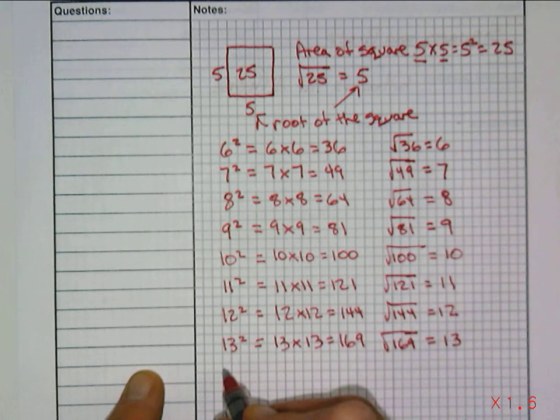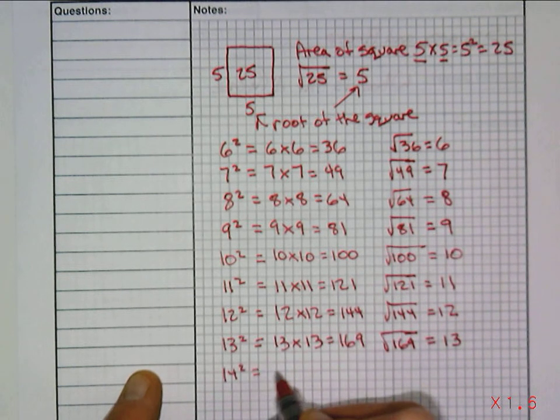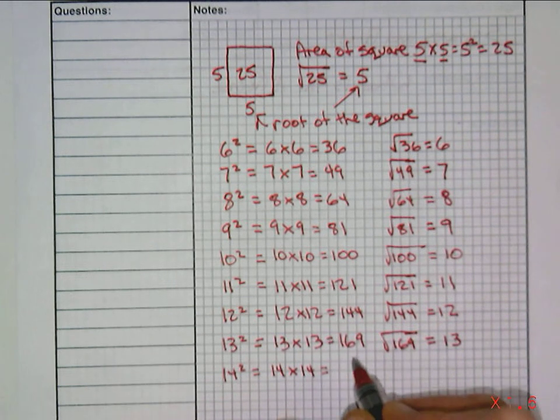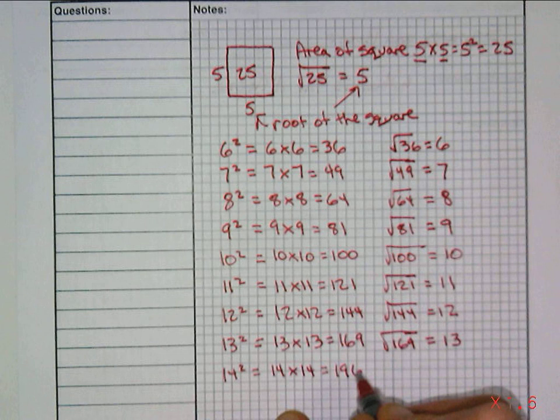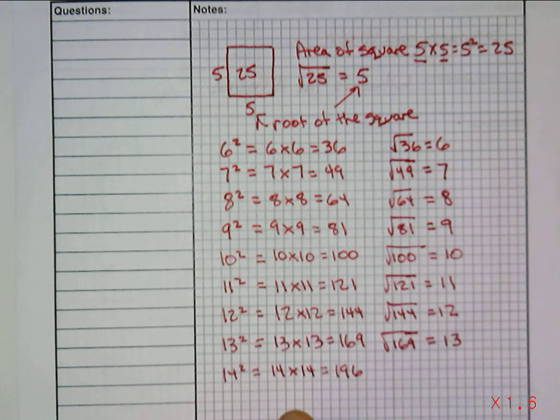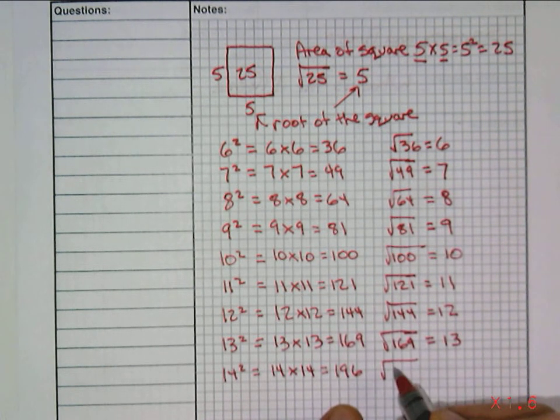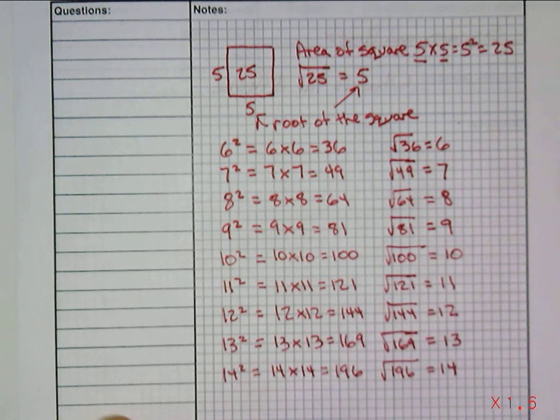And even 14 isn't so difficult to remember because 169 was the one before it. This one is 196. So the last two numbers just switch. And so the square root of 196 is 14. And then even 15 squared I know is pretty common.